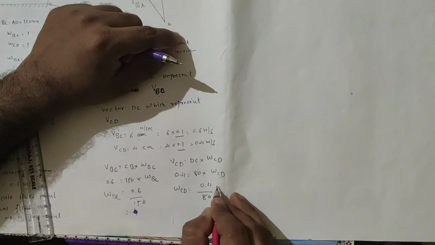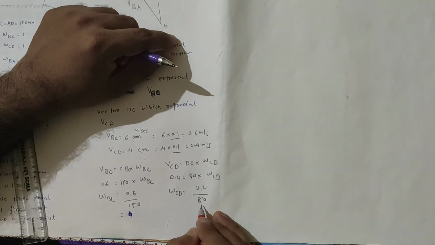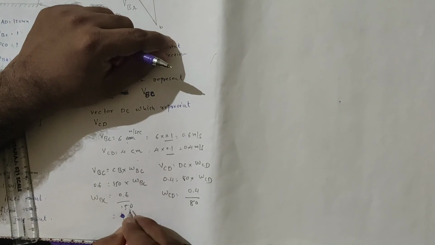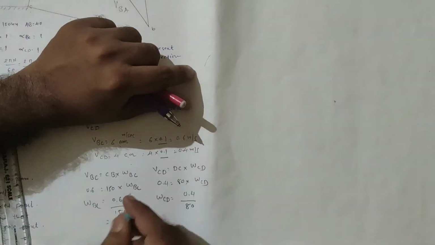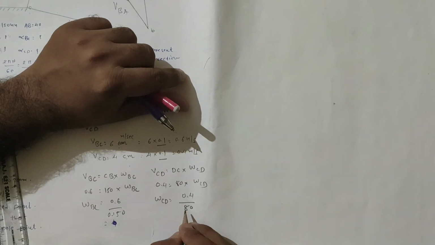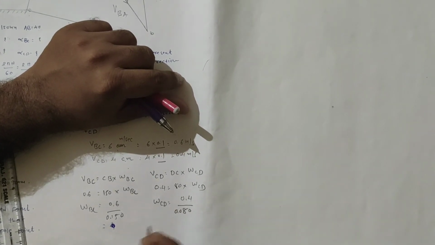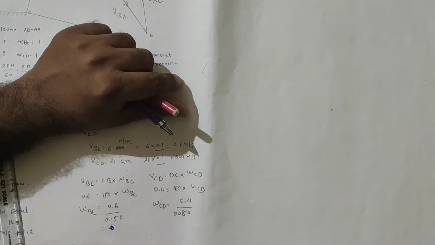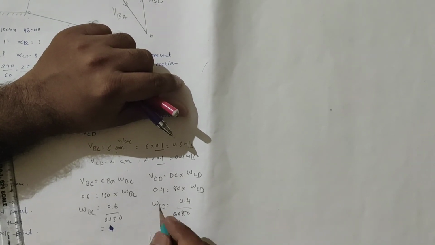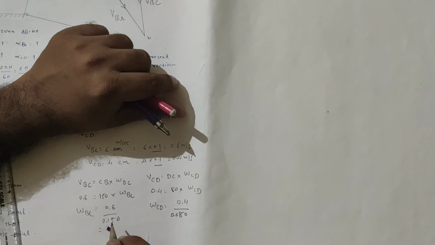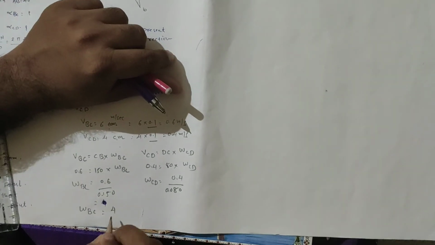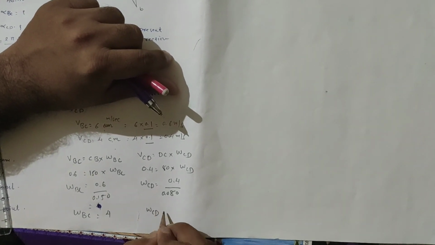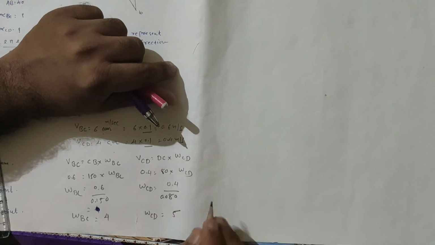This 0.4 is in meter per second, and this is in mm. So convert this mm into meter. What do we have to do? We divide 150 by 1000, so it is 0.150, and 80 is 0.080. This is now in meter, and this is meter per second. So the final value of omega BC is equal to 4 and omega CD is equal to 5 radian per second.